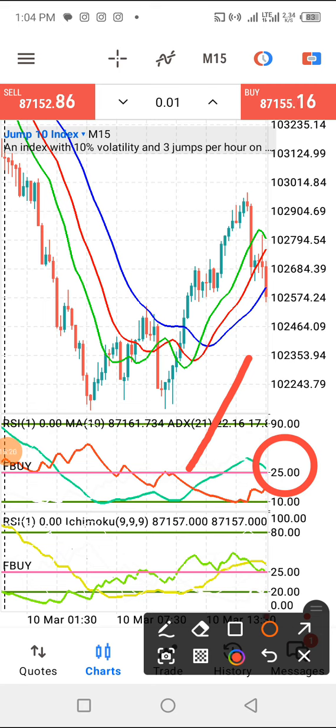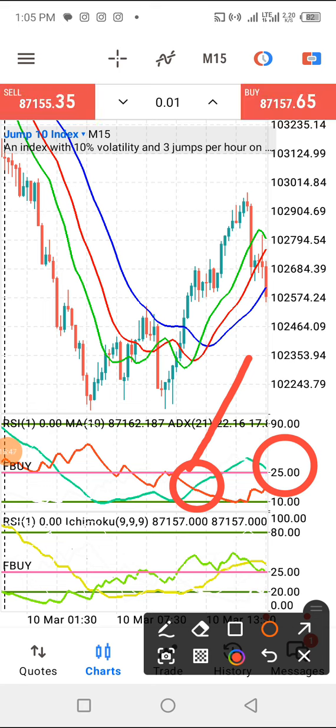Immediately I have this confluence here, this cross between the moving average and the ADX, I have that confidence. This time around I can even open maybe two positions for buy, because when the red minus DI is below 25 and is pointing downward, it is telling you that price is about going up.